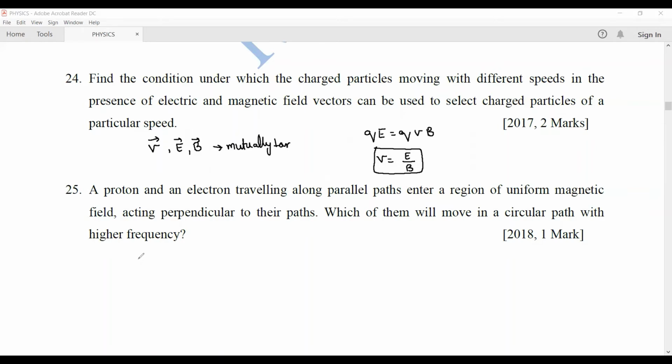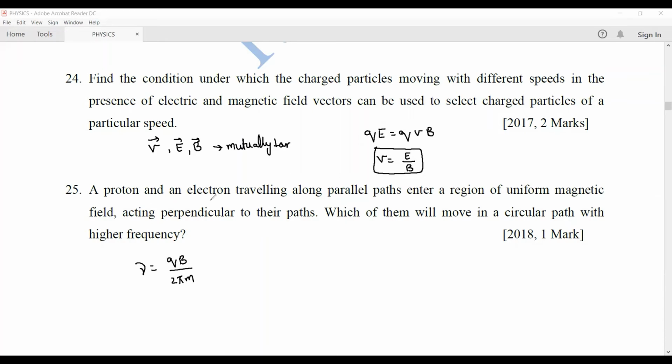Question number 25. A proton and an electron traveling along parallel paths enter a region of uniform magnetic field acting perpendicular to their paths. Which of them will move in a circular path with higher frequency? We know that the cyclotron frequency of the charged particle is given by QB upon 2 pi m.